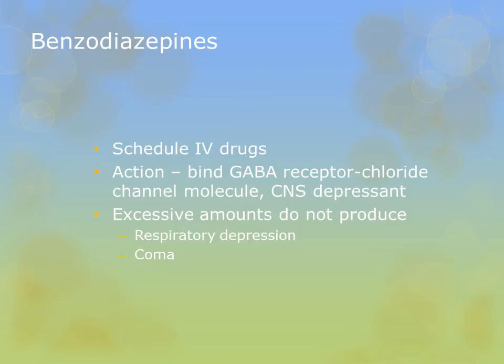So when I bind with that GABA receptor, that's the same thing as turning that GABA receptor on. And so I can use that to cause the patient to become calm or more relaxed. So naturally, GABA keeps us from constantly pinging off the walls, if you will.